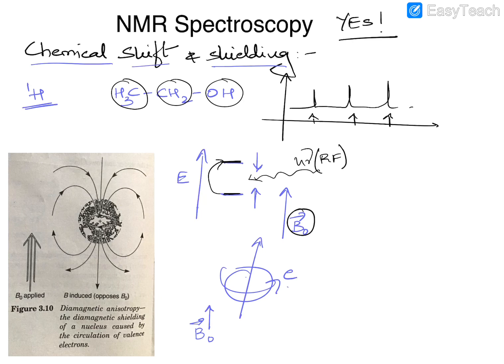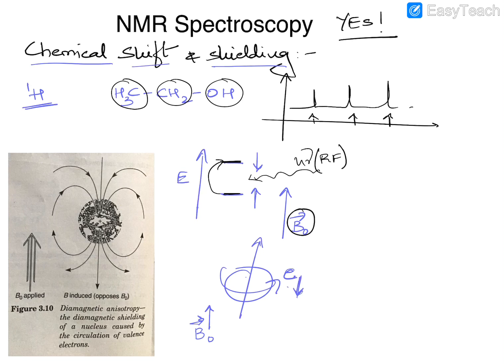As they come under the influence of this applied field, they perform some circulatory motion, and these circulating electrons in the valence shells result in an induced magnetic moment due to the circulation of these charged particles.